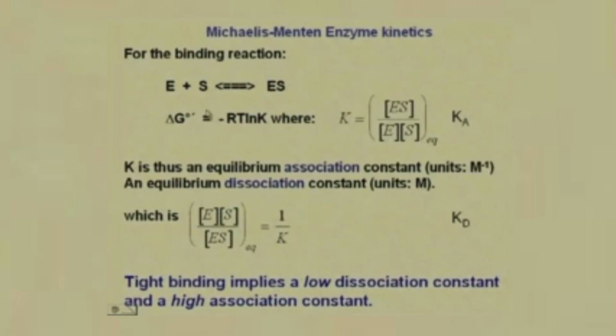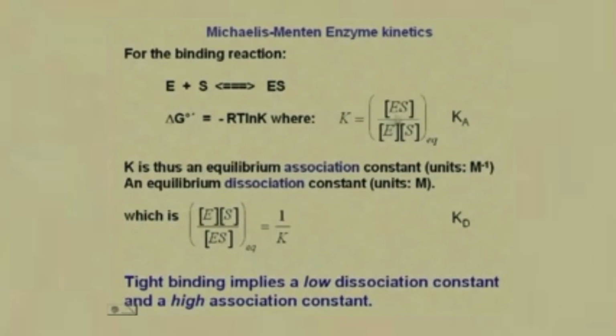So initially I have an enzyme and a substrate that form the enzyme substrate complex. You have to remember, you can just think of it as an association. So it is called an association constant, because you are associating the enzyme and the substrate to form the enzyme substrate complex.